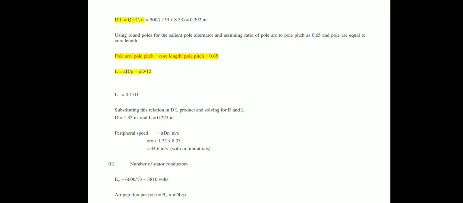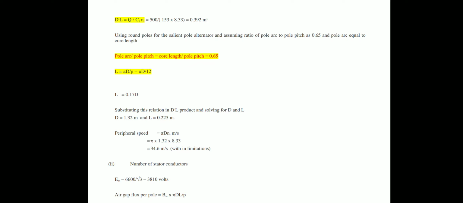Using round poles for the salient pole alternator and assuming the ratio of pole arc to pole pitch as 0.65 and pole arc equal to core length, pole arc by pole pitch is equal to core length by pole pitch is equal to 0.65.